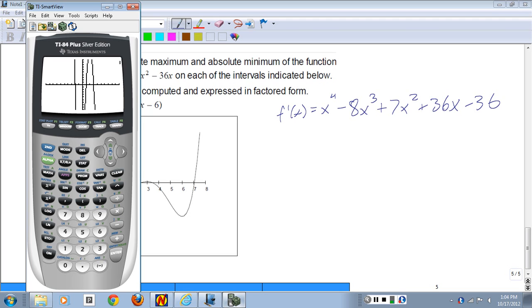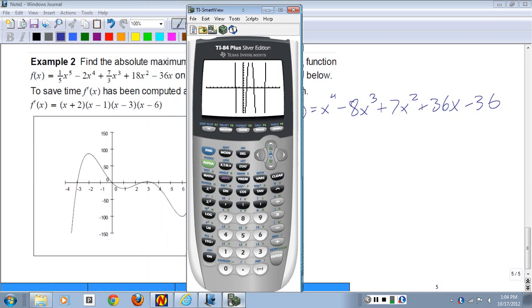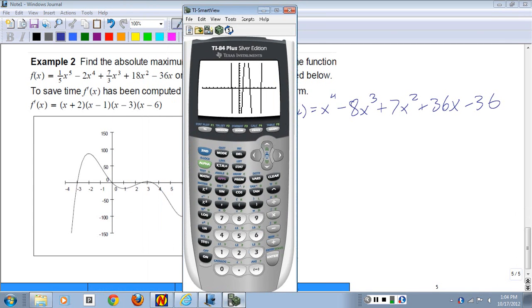it looks like intercepts at -2, +1, +3, +6. So judging from that, if even one of those is correct, actually I kind of need 2 of them to be correct to make any progress. But if a couple of these are correct, if the -2 is correct, that means x plus 2 is a factor.